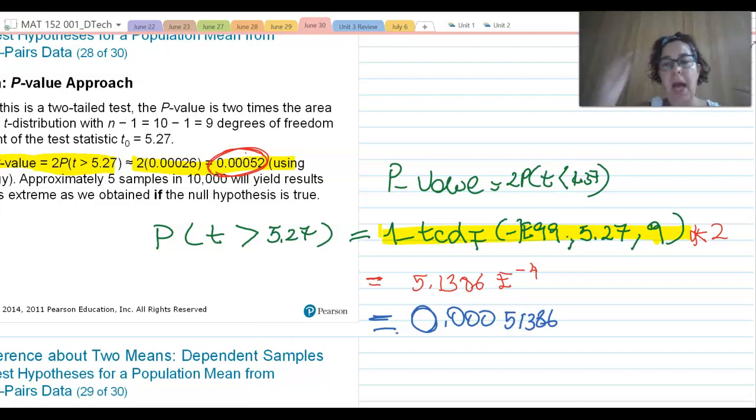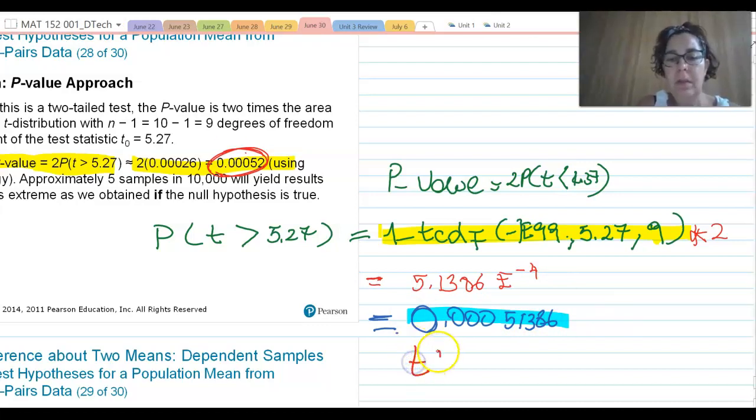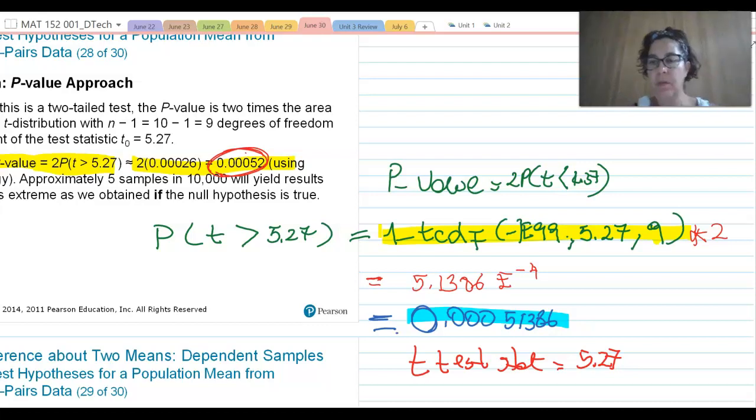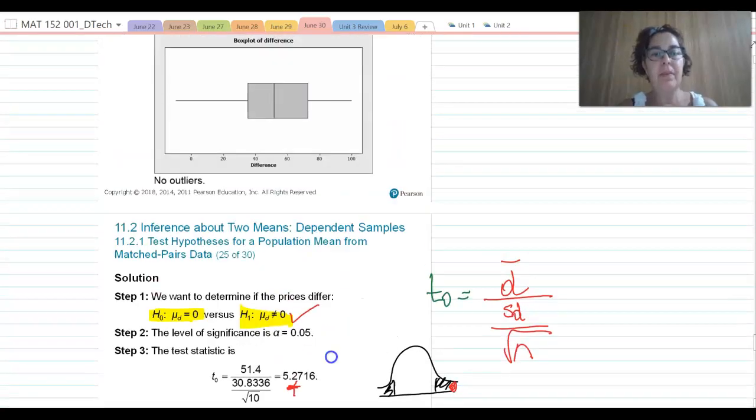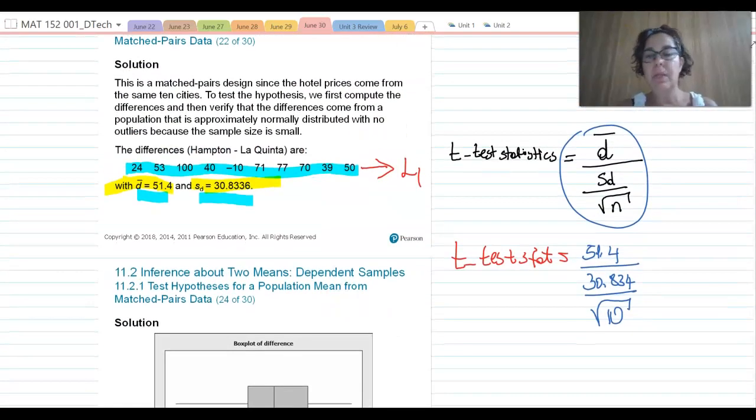Now, how do we verify this p-value? Remember our t-test statistic was 5.27. If you want to verify our result, the difference values were in L1.